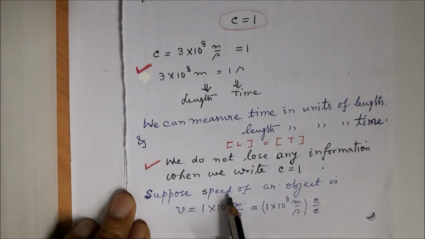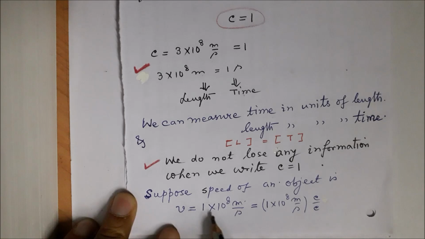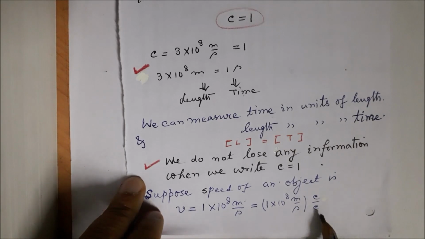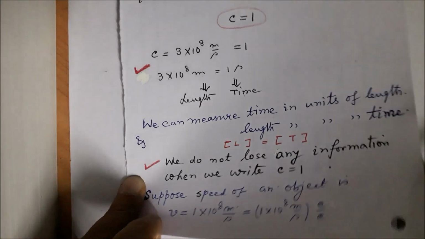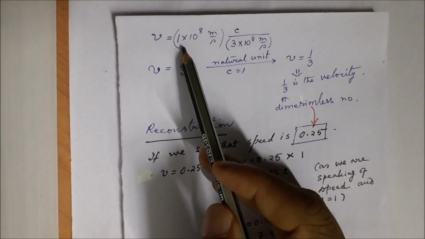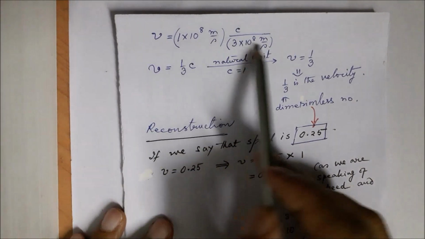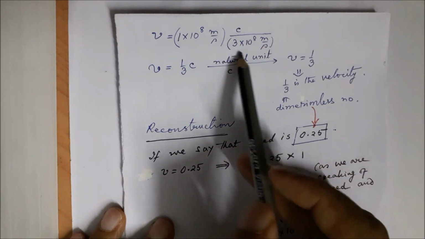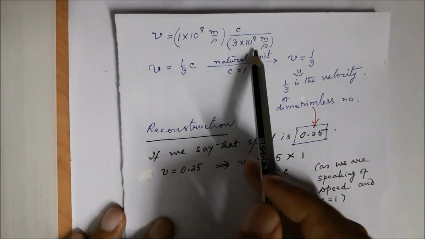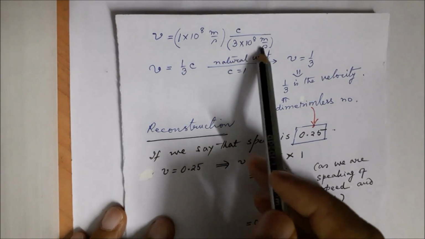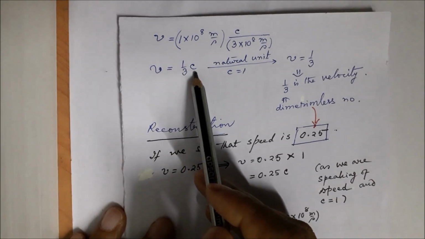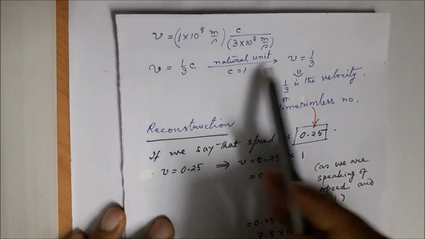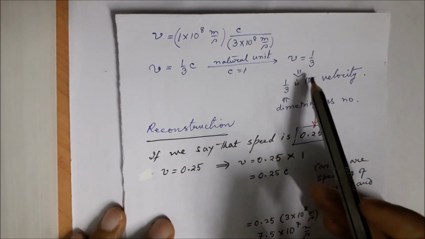Suppose speed of an object is 10 to the power 8 meter per second, and we can multiply the numerator and the denominator both by C to get this expression, in which the C in the denominator is written explicitly in an expanded form, and then simplification gives us this. 10 to the power 8 cancels, and we end up with 1/3 C. In natural units, if we put C equal to 1, this becomes simply 1/3, a dimensionless number.